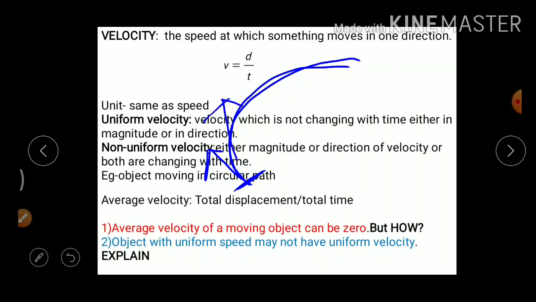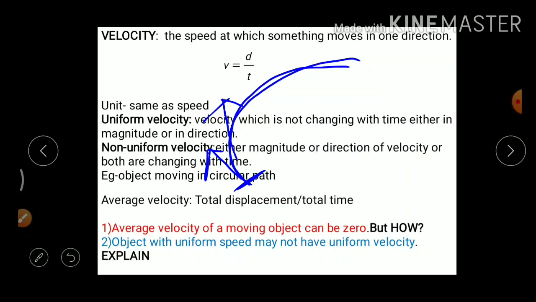So suppose this particle travels the same distance in equal intervals of time, so it has uniform speed.